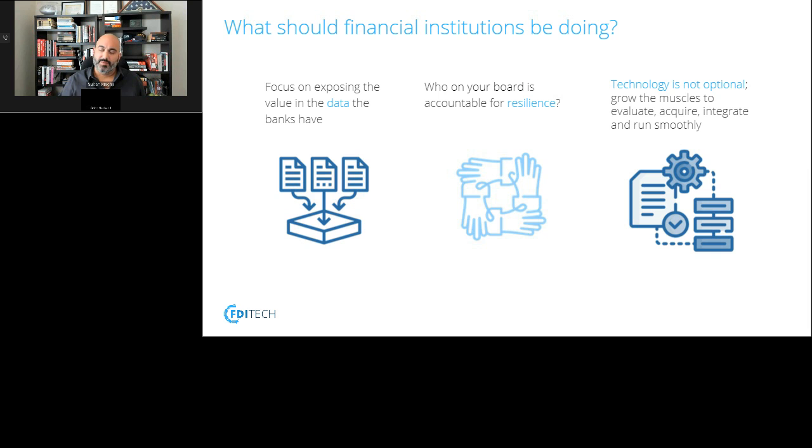The second one, on the resilience side, and this is the piece of advice I give every institution: who on your board of directors is accountable in a RACI model for resilience for the organization? Every board of directors should have someone like this. This is an absolutely critical component. And it doesn't matter what model you use underneath that in terms of how that's managed relative to the C-suite and the operating model of the organization, but it absolutely needs to be there and needs to be at the board level.